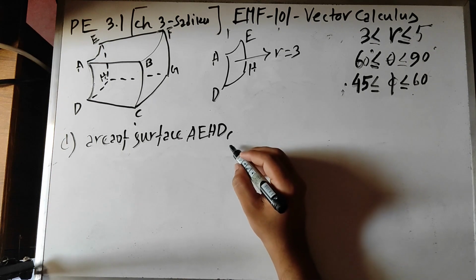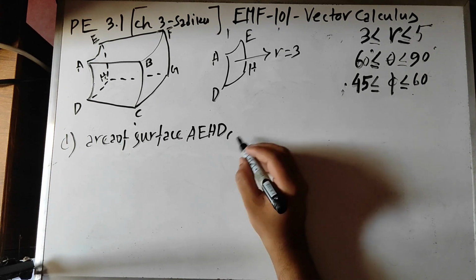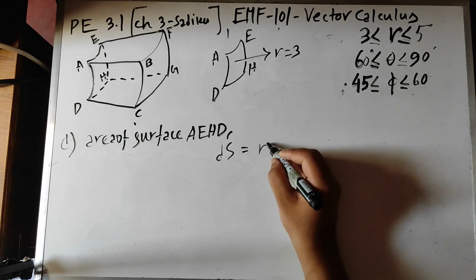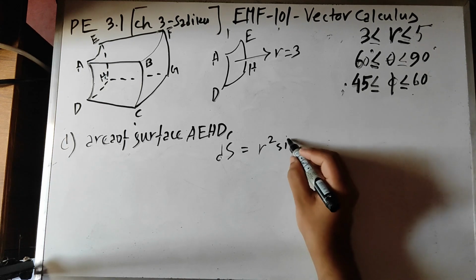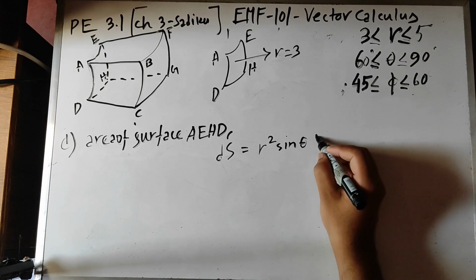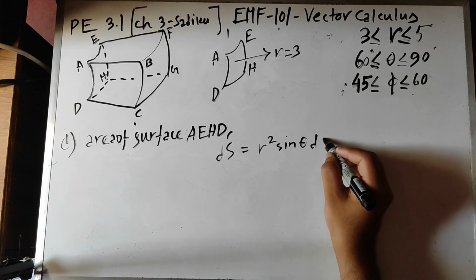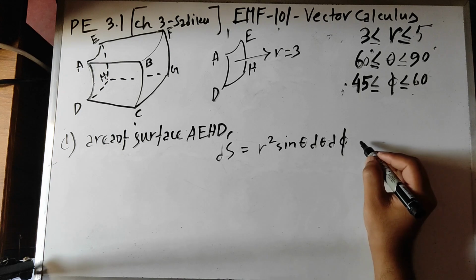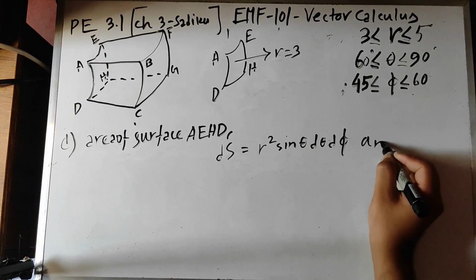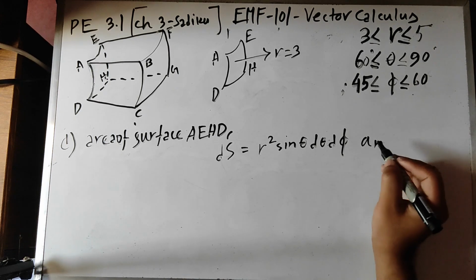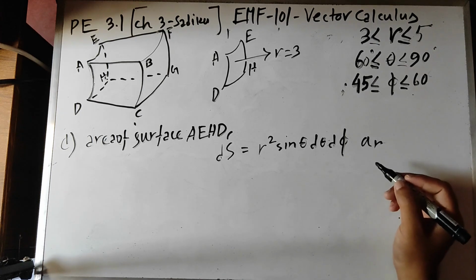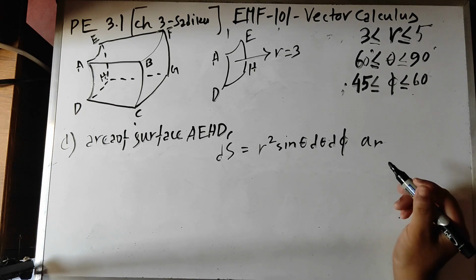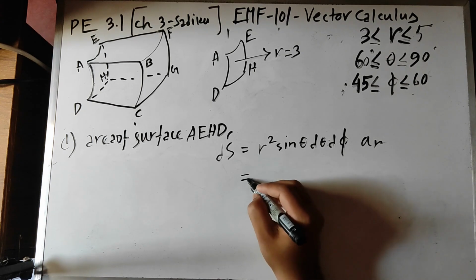The differential surface in the direction a_r is r squared sine theta d theta d phi. We have to find only the magnitude, so we needn't write the a_r part.